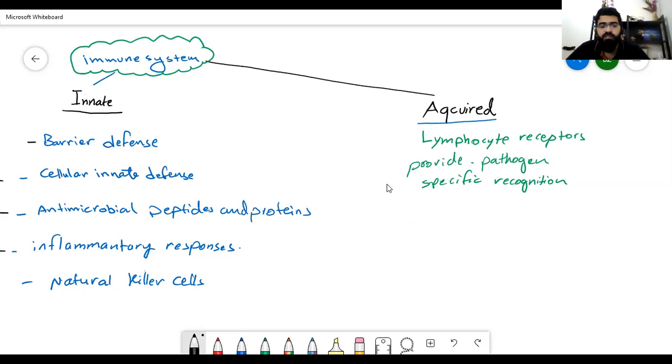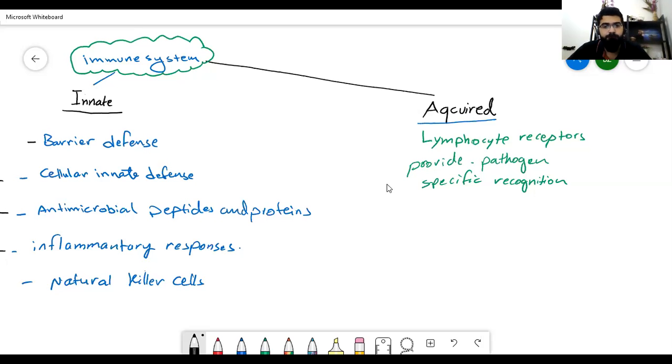The innate immune system is non-specific and consists of different ways of defense. Non-specific means it attacks any type of pathogen, and it's very important for our life. Number one was the barrier defense. Then we said we have the cellular innate defense, antimicrobial peptides and proteins, inflammatory responses, and natural killer cells.